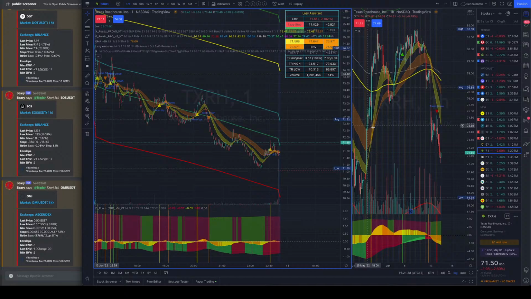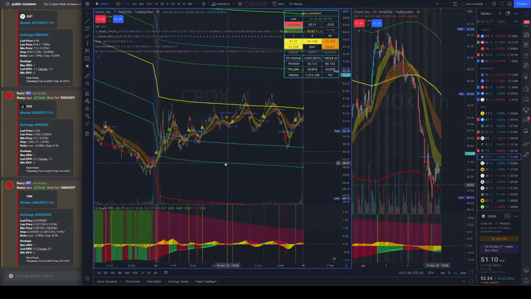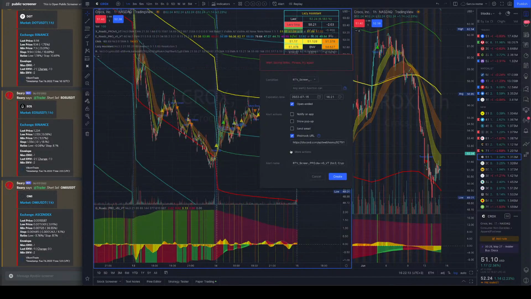10 minutes to go. The market opens. Okay, sideways movement. Okay, no man's land. There's a saving fail. Interesting.